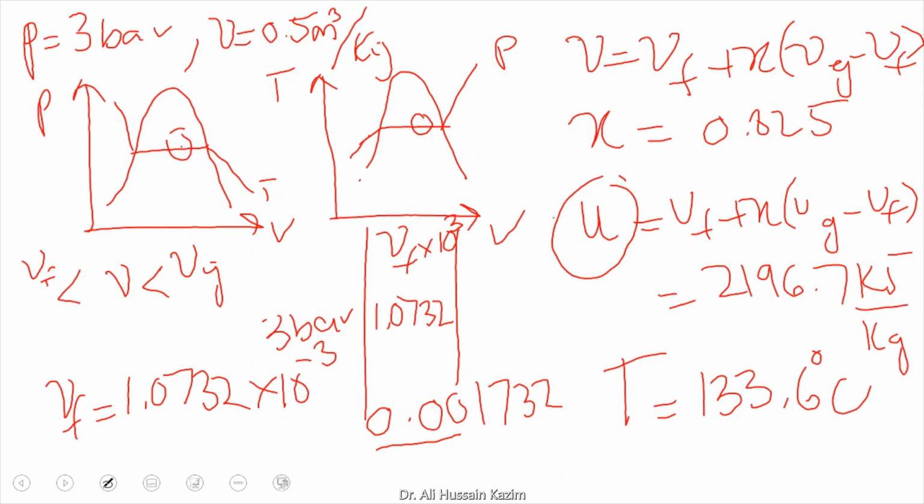If we go to the temperature table, the temperatures end at 374 degrees Celsius. Table A2 ends at 374. What about pressure? The pressure ends at 220 bar and we are given 280 bar.